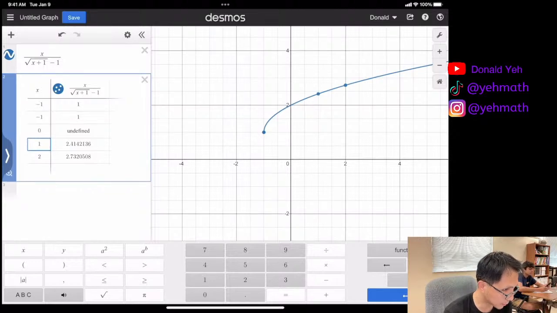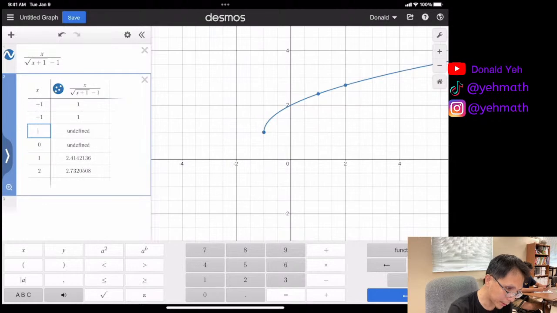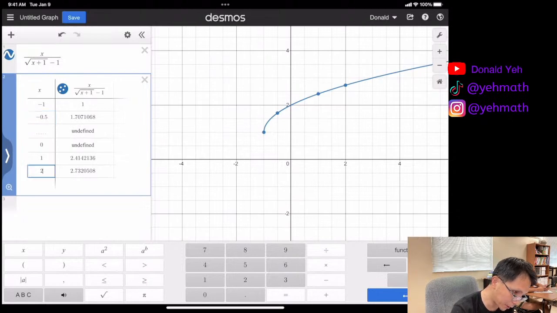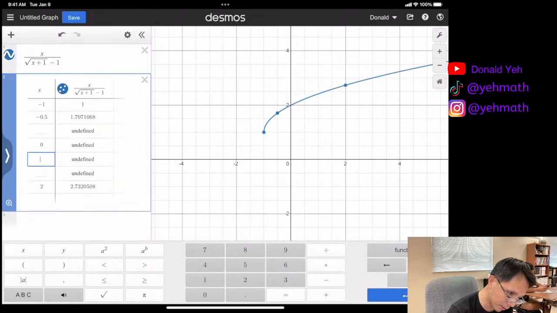Is that okay? So you see that 2.414? And we're gonna approach this and press enter. We're gonna say, hey, let's approach another number, say it's 0.5. So -0.5. Here we're gonna press enter. And say it's 0.5 here.